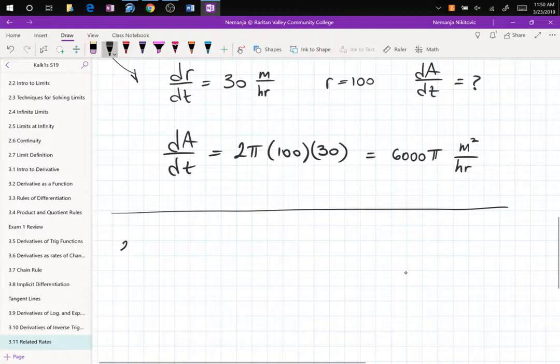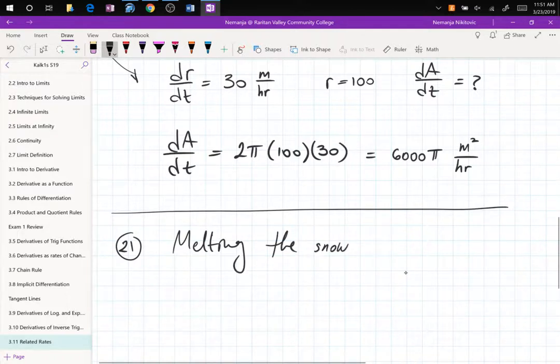Melting the snowball, problem 21. A spherical snowball melts at a rate proportional to its surface area.